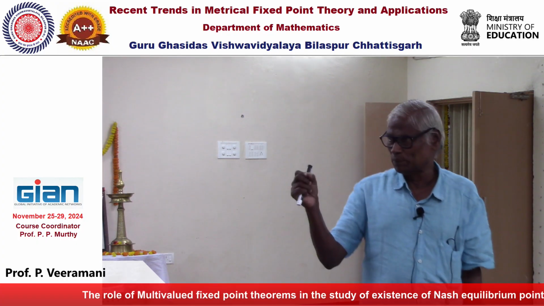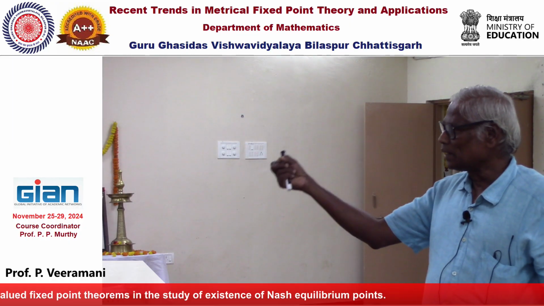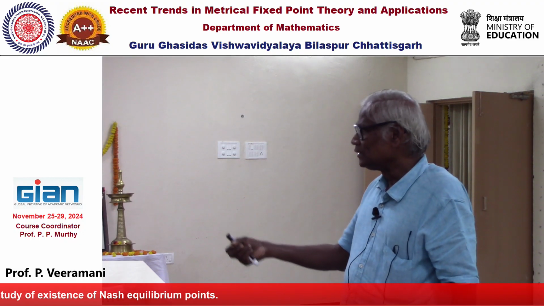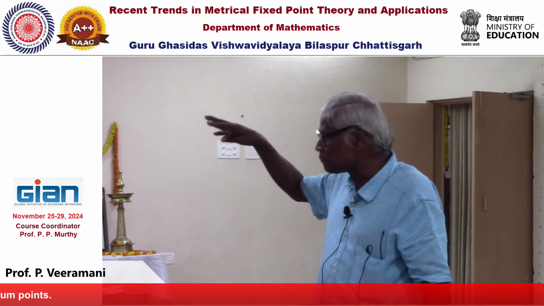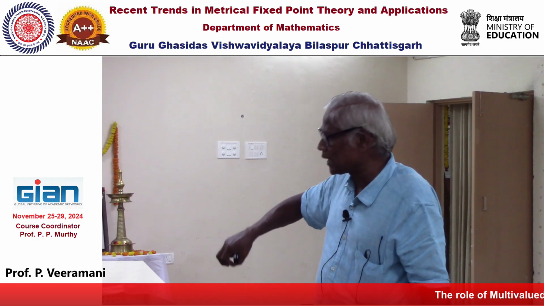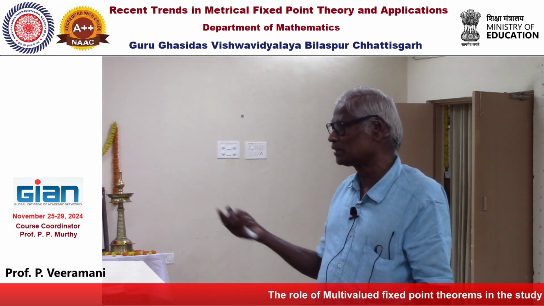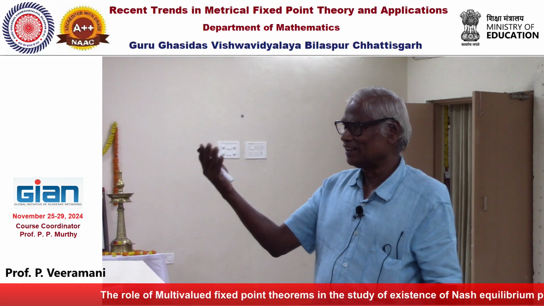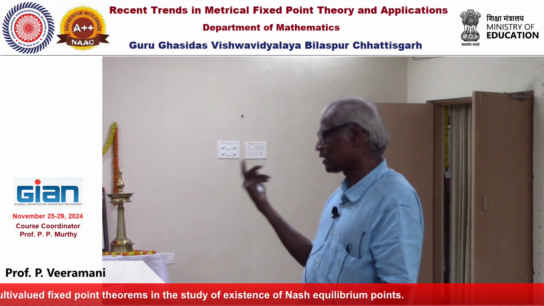That is, let us say player 1 selected a strategy x0 and player 2 selected y0, then f of x0 y0 gives the maximum profit for player 1, and at the same time g of x0 y0 will give the maximum profit for player 2. So naturally x0 is from M.